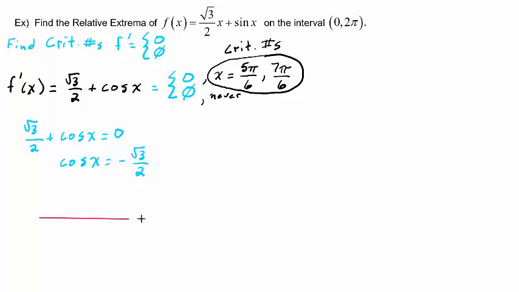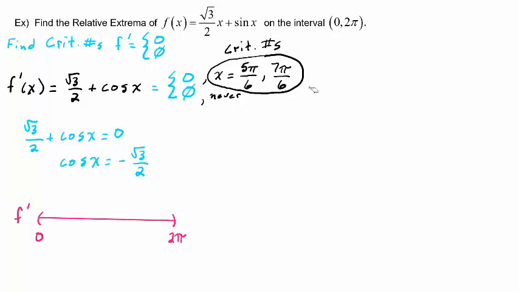So let's make a sine line graph for f prime. We know that we have to contain the left endpoint x equals 0 and the right endpoint 2 pi, because that was the interval we were given.